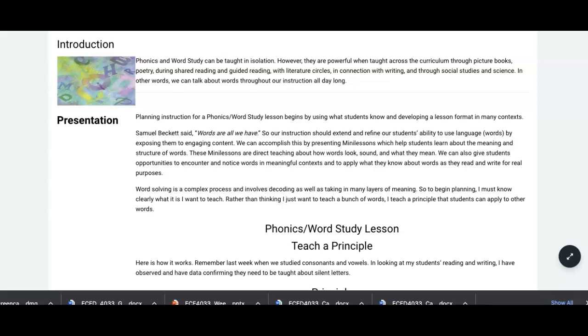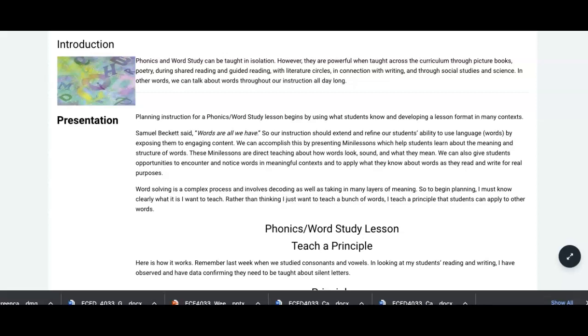This week we're talking about word study lessons. We know that phonics and word study can be taught in isolation. However, it's so much more powerful for the students when you teach that throughout the day.